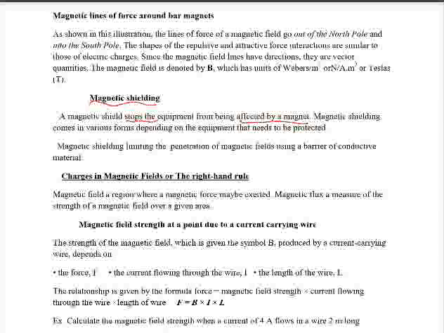Magnetic shielding comes in various forms depending on the equipment that needs to be protected, and therefore it means protecting or stopping equipment from being affected by a magnet. And magnetic shielding limits the penetration of what? The magnetic field, using a barrier of conductive material.